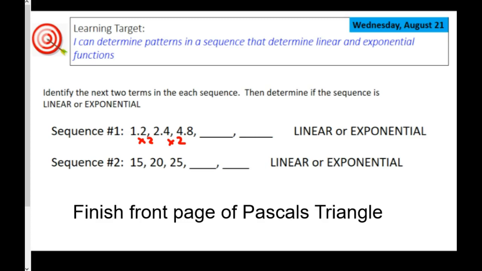Thank you. 9.6. And the next term, again, we're just doubling, right? 19 point, close. 19.2, all right? So, is that linear or exponential?